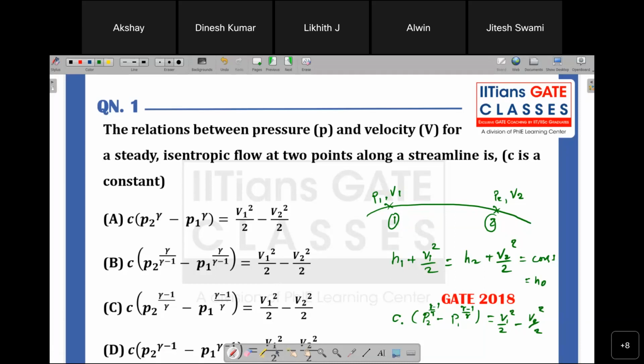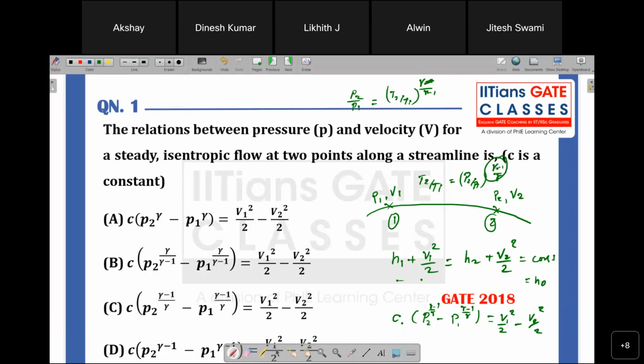We don't have to do all these steps to decide which of these options is correct, because we know P2 by P1 is equal to T2 by T1 to the power of gamma by gamma minus 1. The moment I arrive at the energy equation, the next step I am going to get the T1 by T2 form. So all I have to represent is T2 by T1 in terms of P2 by P1. So that becomes gamma minus 1 by gamma.